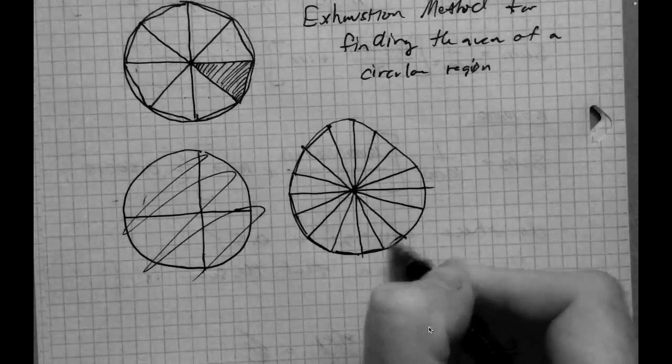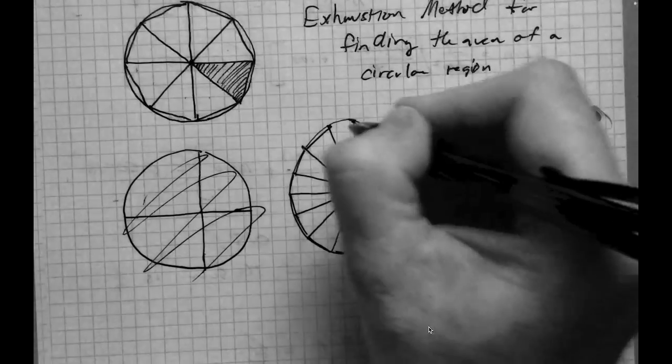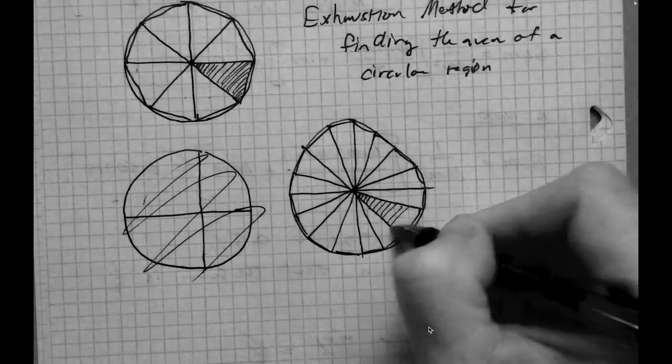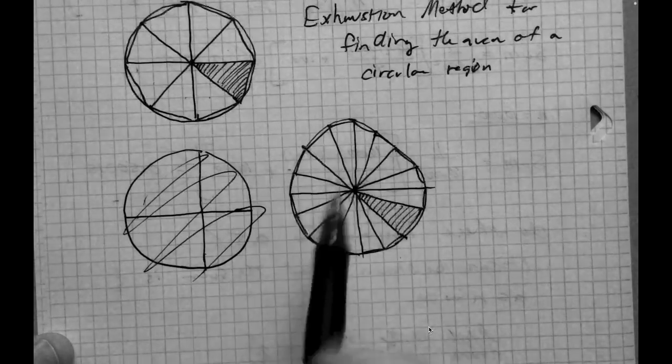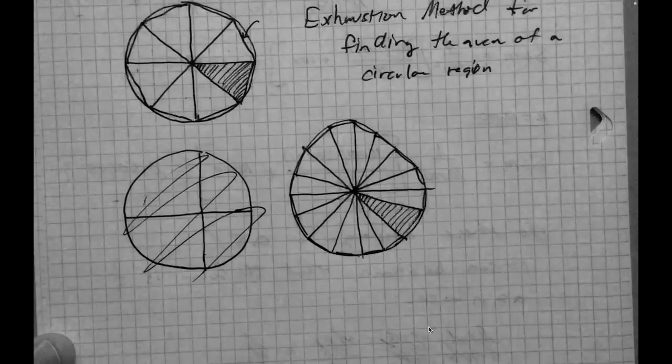But I think people can use their imaginations to understand what's going on here. So in the case of 16 rays, you get an area that more closely hugs the edge of the circle. You see there's a fair amount of missed area there, right?